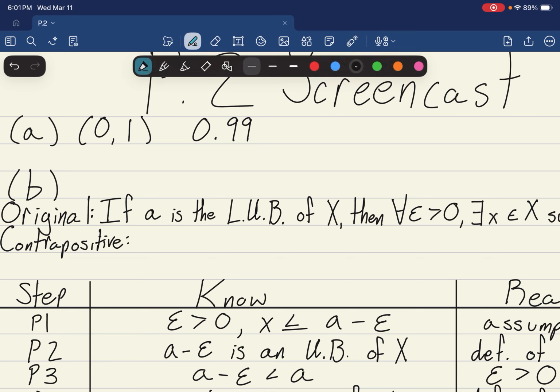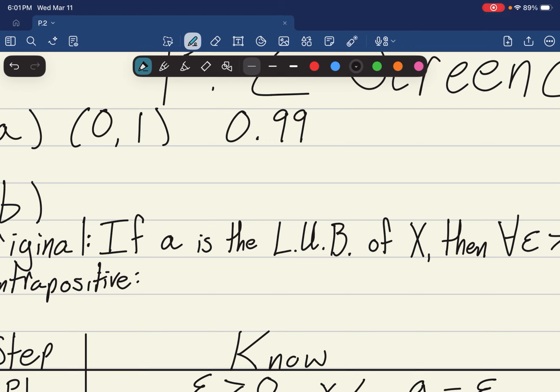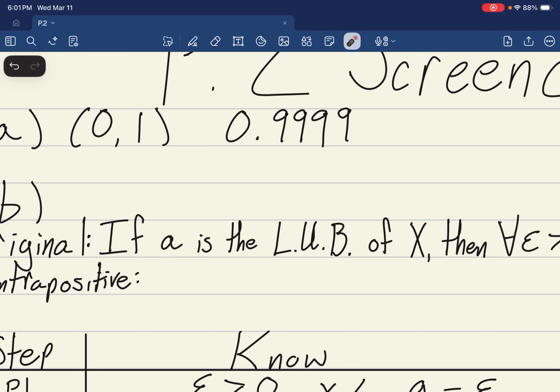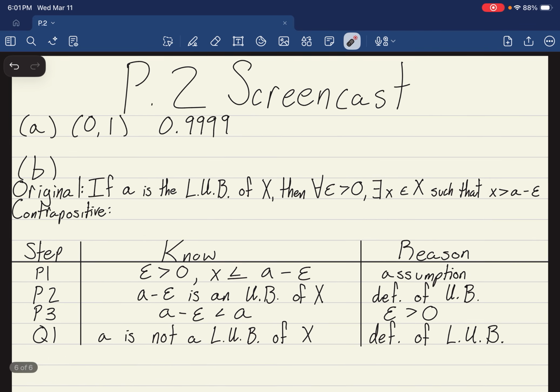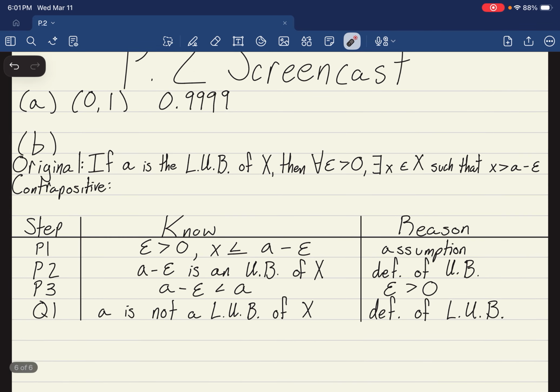So we know that there are numbers that are greater than 0.99 that are still within our interval, our set, like 0.999 and 0.9999. These are all greater than 0.99 and within our set, so 0.99 is not a least upper bound or an upper bound.